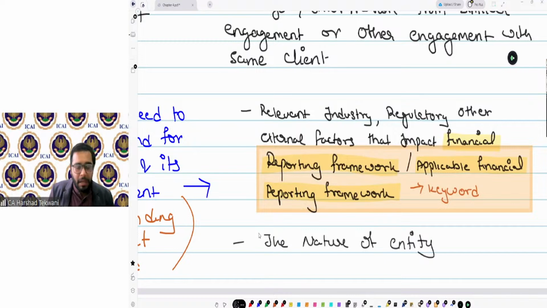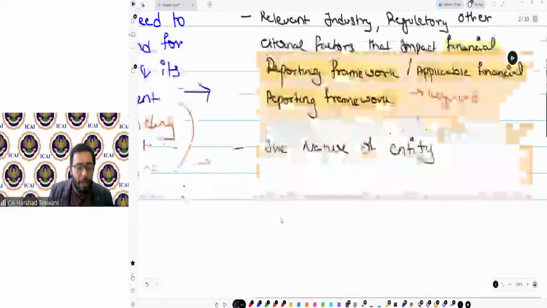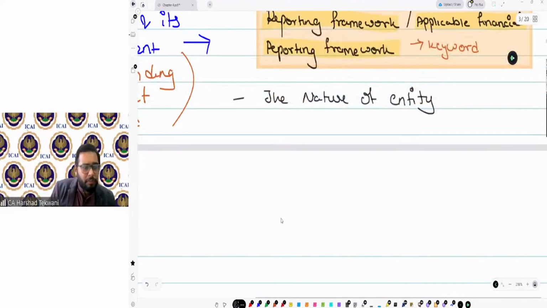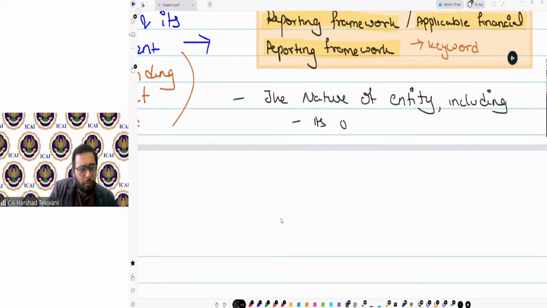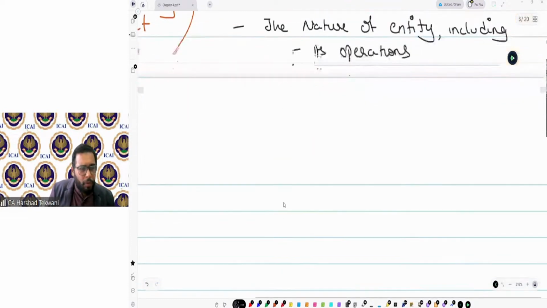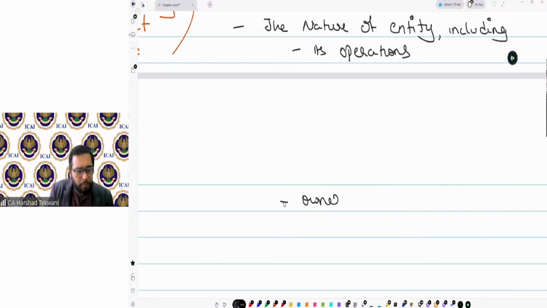Okay, nature of entity, including its operations, then ownership, governance, structure.